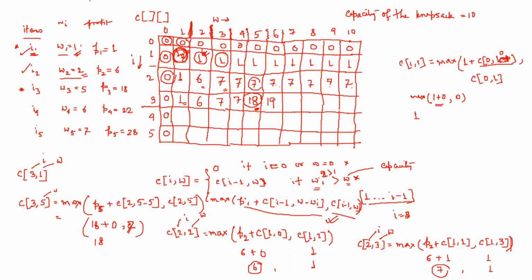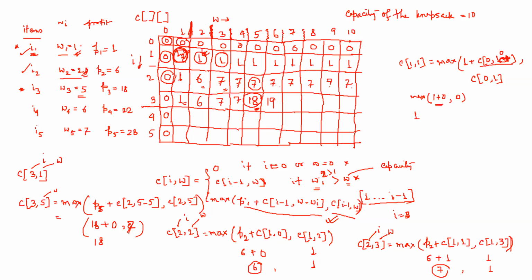Similarly, if the capacity of the knapsack is 7, what will be the value of this one? Which items should I choose? I have to choose item 3 and item 2.